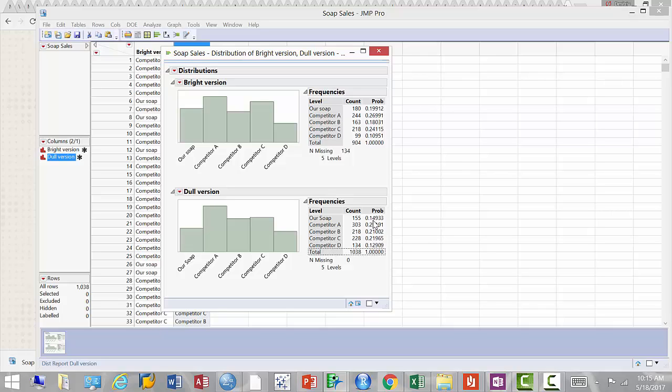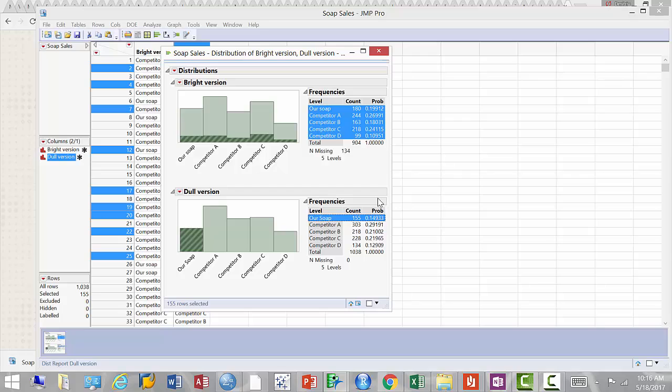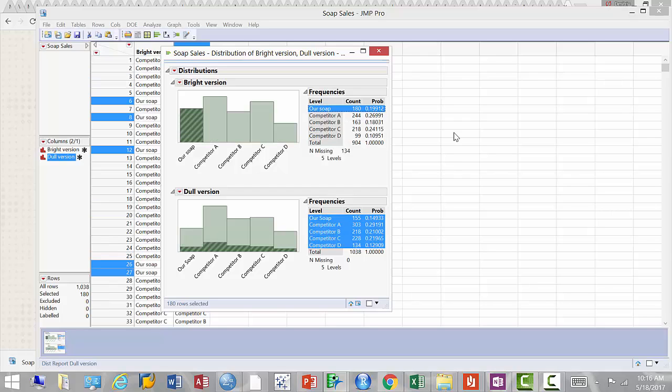So that we're clear, it's not everything, it's just 2 samples, two stores in 1 week, what they can sell. Judging by these 2 samples, does it look like our bright version grabs additional market share compared to the dull version of the soap? Yeah, it does, right? It went from almost 15% to almost, right there, 20%.